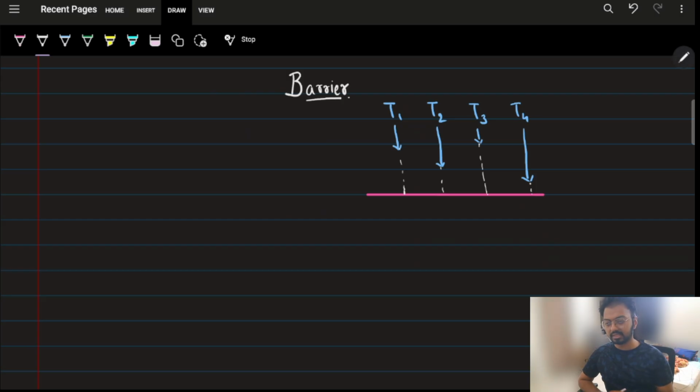So you executed these 4 threads in parallel, but until all the information is reported here, execution cannot continue. This is called having a barrier.